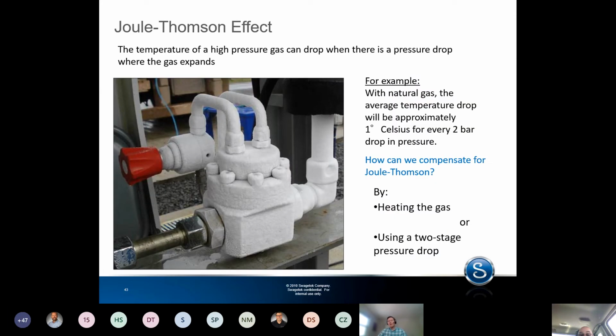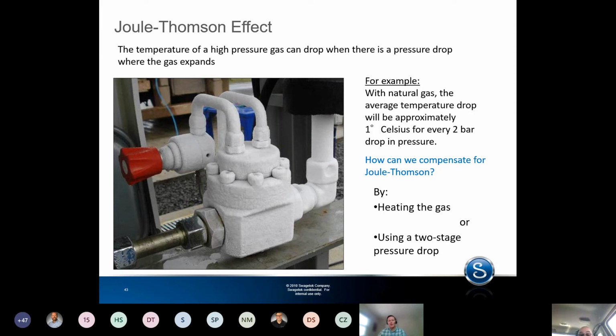So one of the things we do have to consider, however, with regulators is temperatures, specifically related to the Joule-Thomson effect. So Joule-Thomson is a physical phenomenon. It's not generated by regulators, but it is the change in temperature when a gas is allowed to expand, right? So typically what we see in regulators is that we're going from a high pressure inlet to a low pressure outlet. The gas can expand and most often drops temperature.